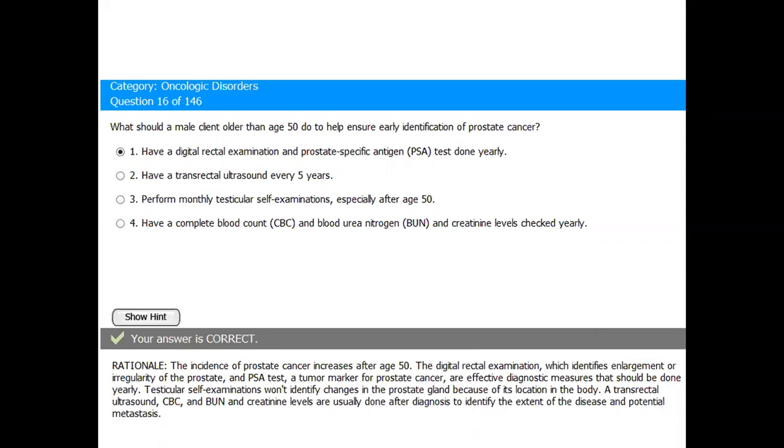If I ask you how we prevent prostate cancer, keep in mind, there is no definitive measure to prevent prostate cancer. The risk can be reduced by taking some steps, like eating a healthy diet rich in fruits and vegetables.